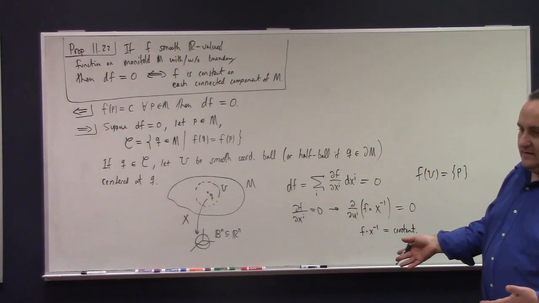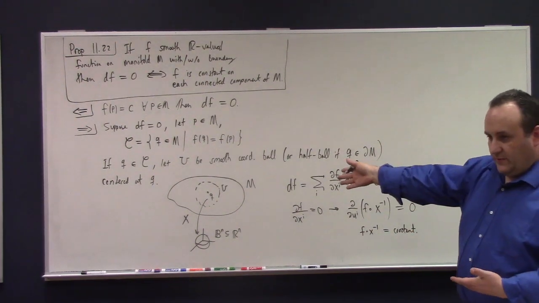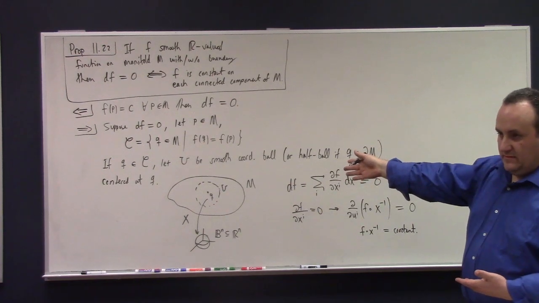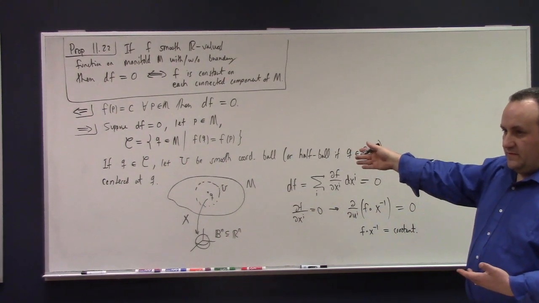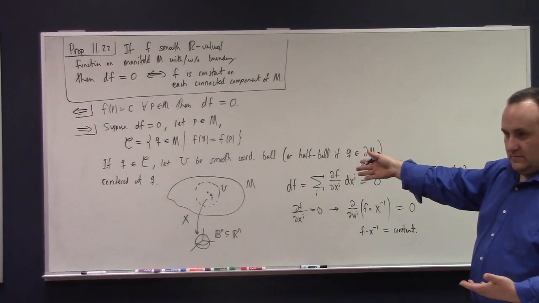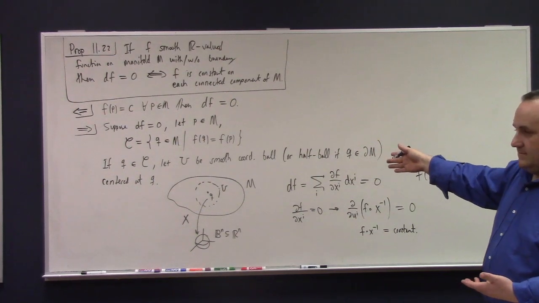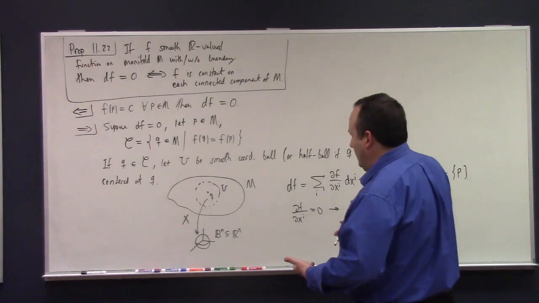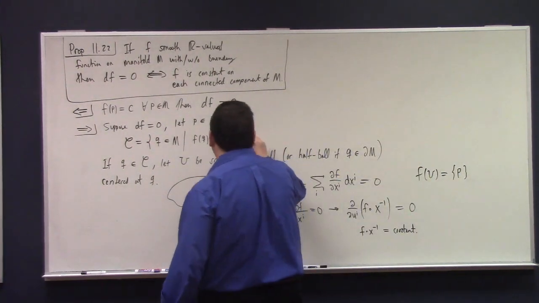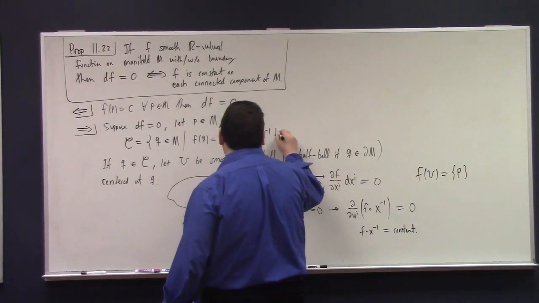But on the flip side, q was an arbitrary point in this coincidence set. And we've just shown that there's an open ball or open half ball around that point, which is to say we've proved that C is an open set. But on the other hand, C is also equal to the inverse image of this, isn't it?